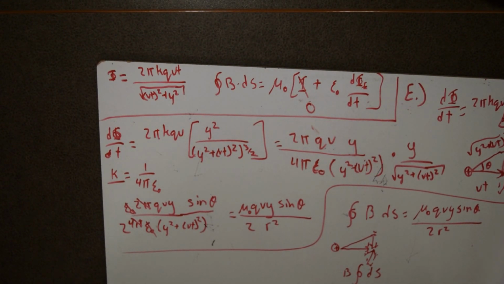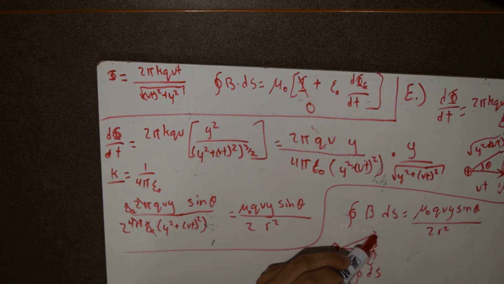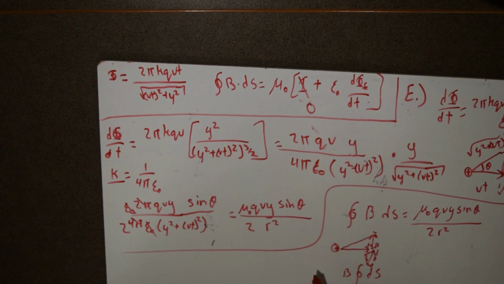So B times s, and then s is the length. So ds represents the infinitesimal lengths along that ring. So s total would be just the length of the ring, which would be 2 pi y, if we remember what we're using, y to represent the radius of the ring. 2 pi y is the circumference.